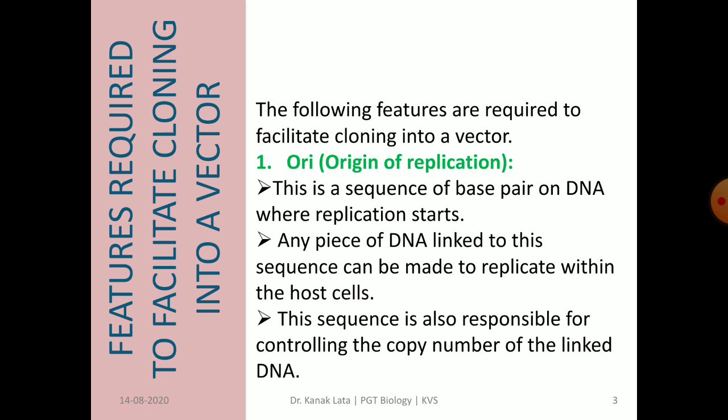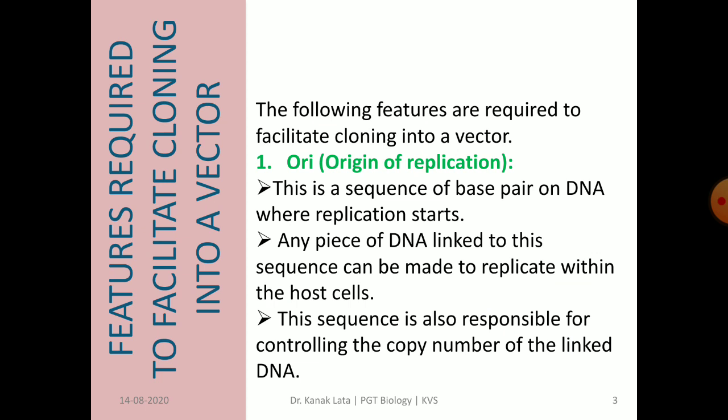What is origin of replication? It is a sequence of bases present in the plasmid where replication starts. This is a specific form of plasmid genome that serves as start signal for self-replication.